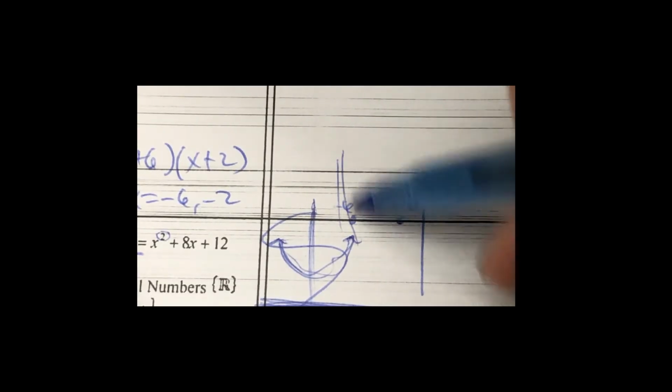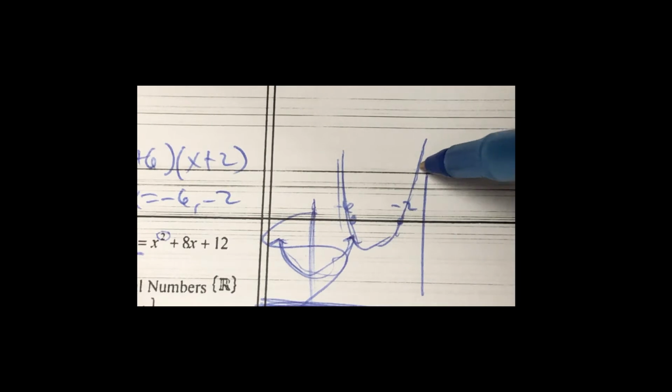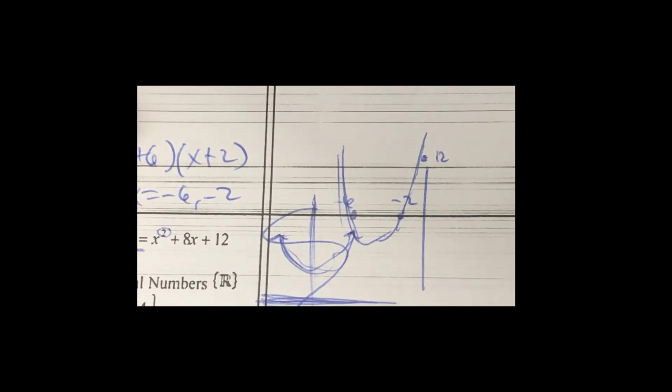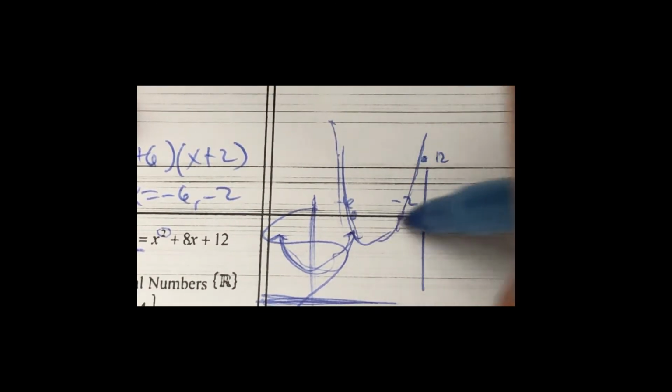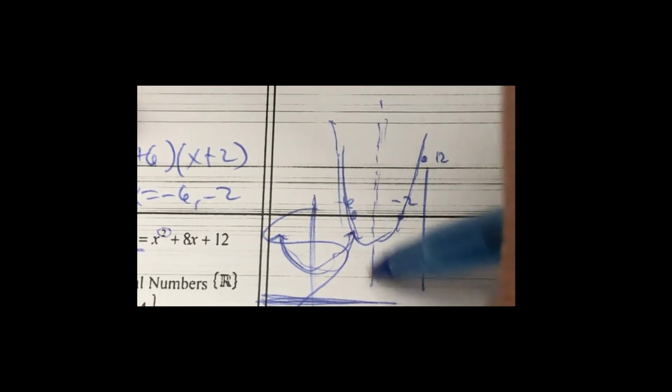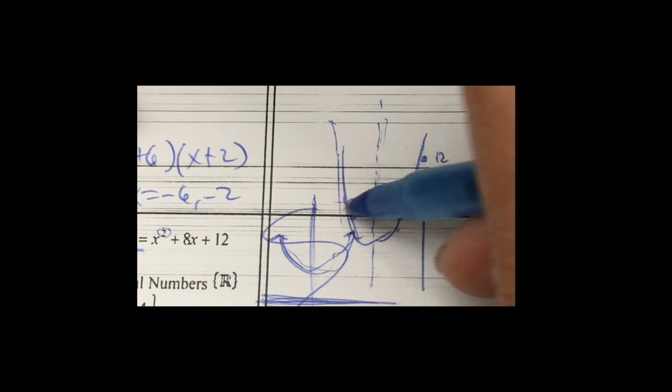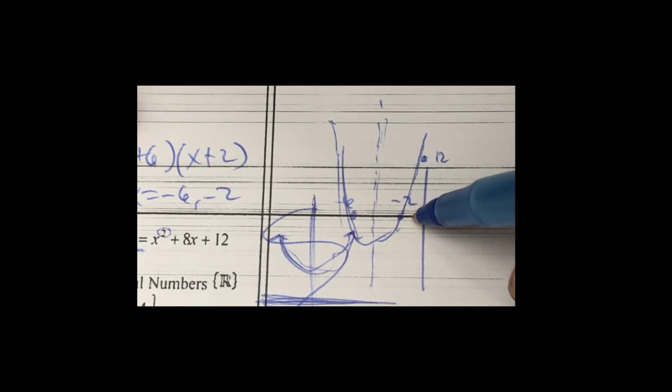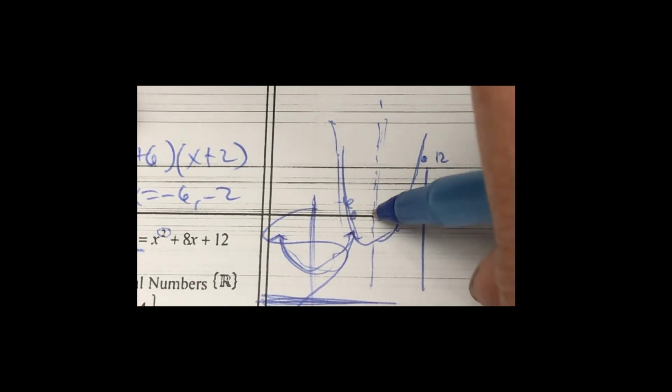Opening up, it's going to hit a y-intercept of 12, and then the vertex, if you needed that, would be the midpoint. So -6 plus -2 is -8, divided by 2 is -4, so somewhere here at -4.